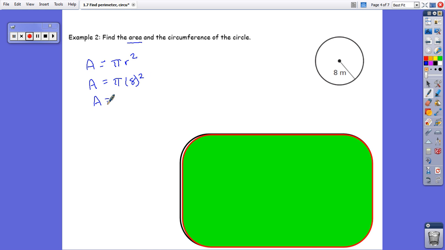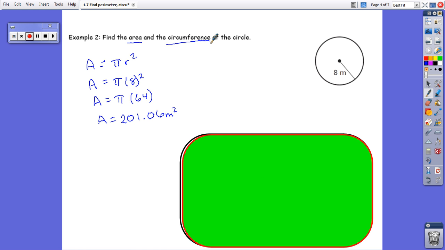A equals pi times 8 squared, which is 64. And when you multiply pi times 64, you get 201.06 meters squared.